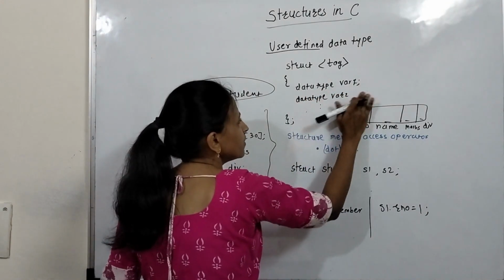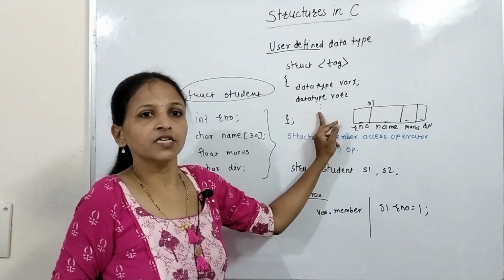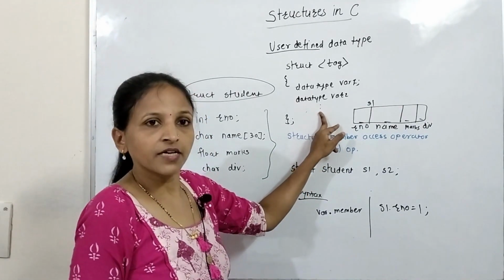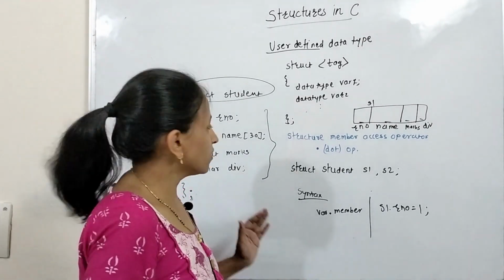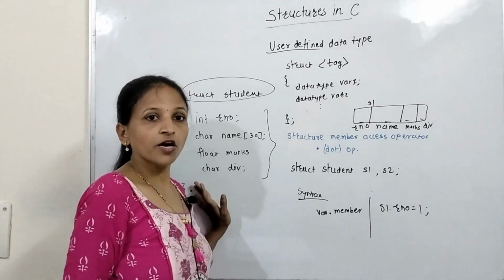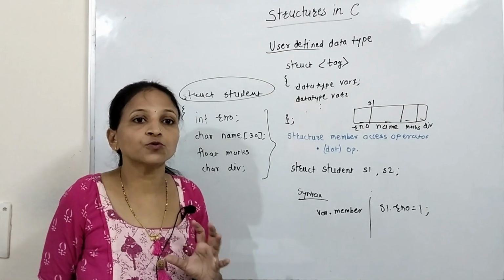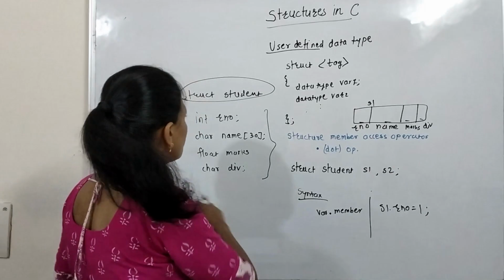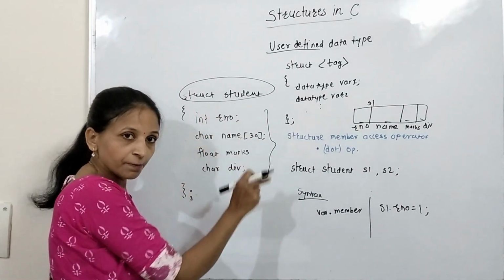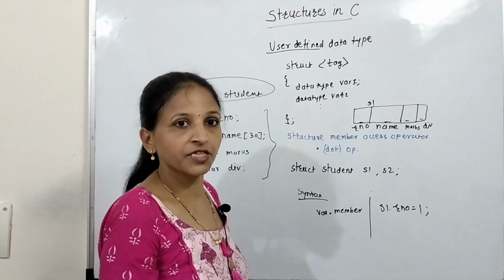In this way we have to declare all the members of that structure, getting it, and here the semicolon is a must. See, here we are creating a template or blueprint to represent a student object, meaning structure is a way to create a blueprint or template to create any object.